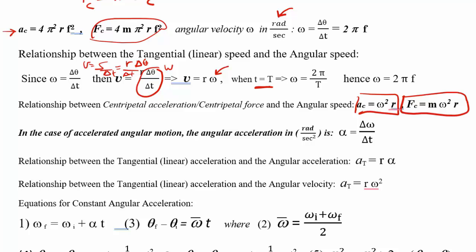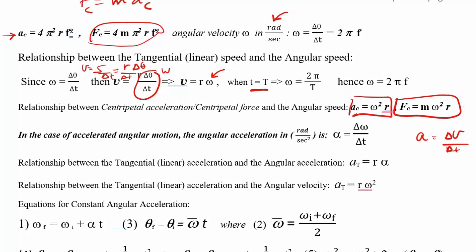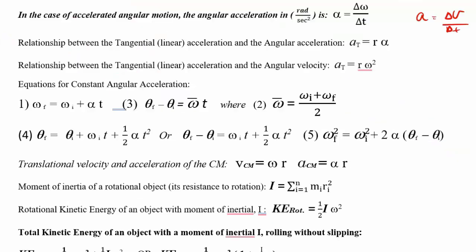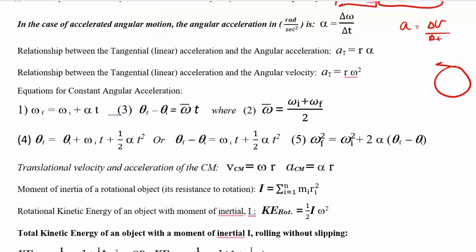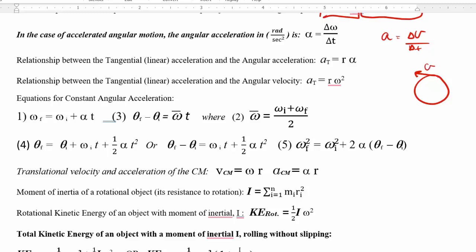We have the angular acceleration, which is the change in the angular velocity over the change in time. The same way, acceleration is the change in the linear velocity over the time. We replace v by omega here since we are talking about angular motion. And the same way there is tangential velocity, there could be tangential acceleration if the object is accelerating.